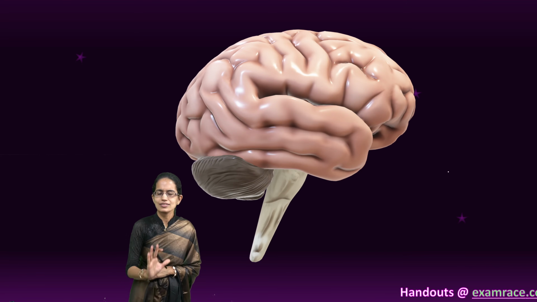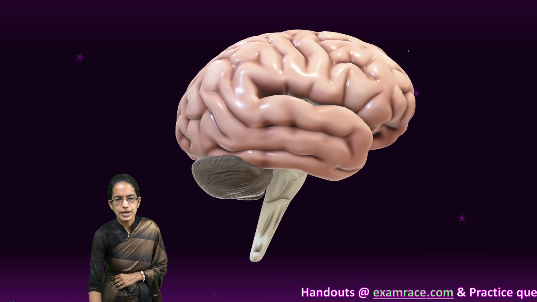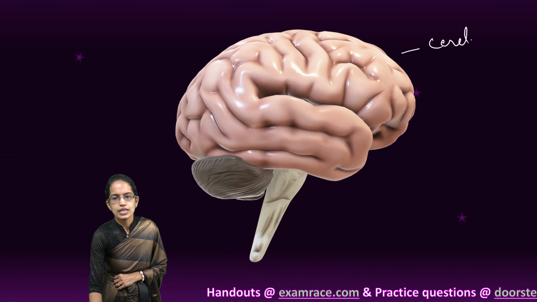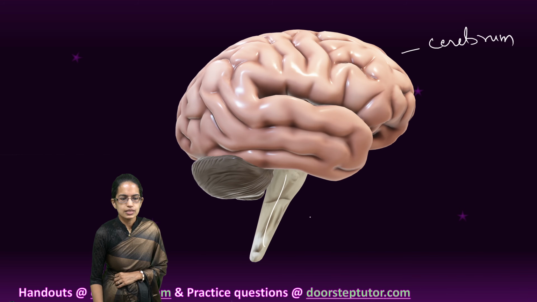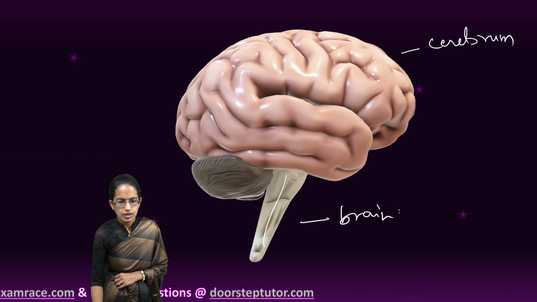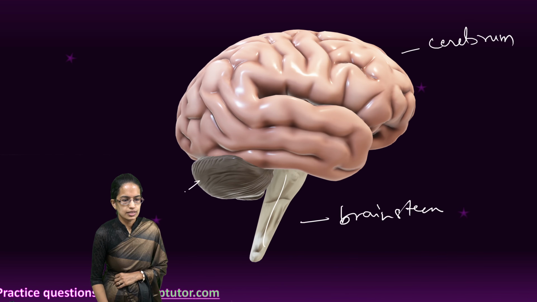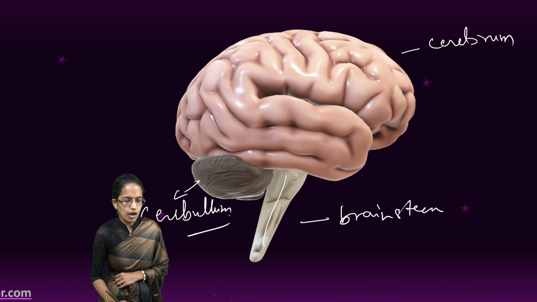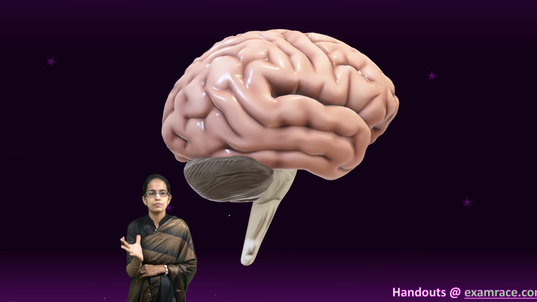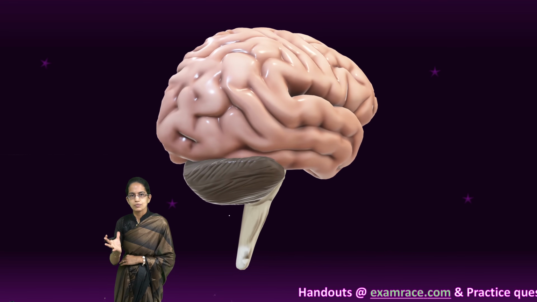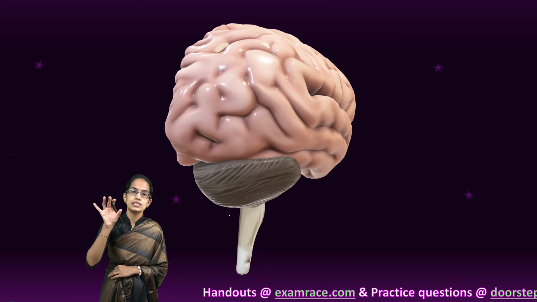What is this? You are correct, this is an image of a brain. So we have the cerebrum, which is the outer region. This is the brain stem, and this is the region of the cerebellum. Now I move this brain, and we are diving into what's inside the brain.